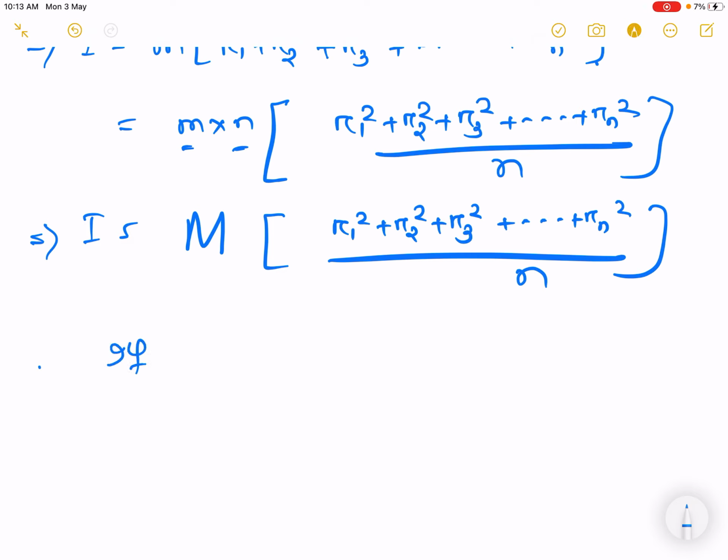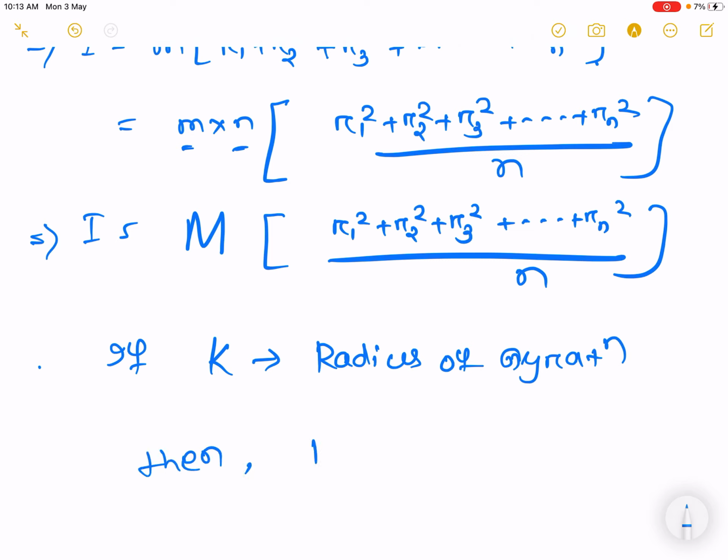If k is the radius of gyration, this is the distance, then the moment of inertia about the center of mass is I equal to Mk square.